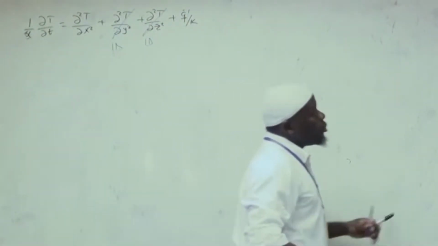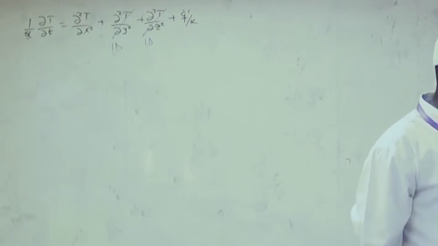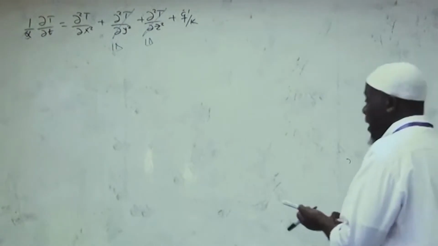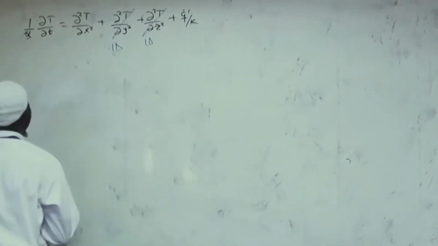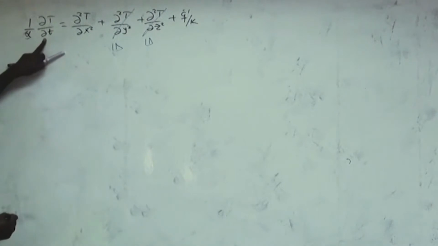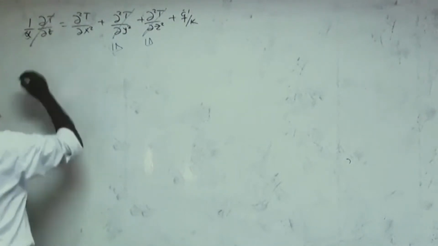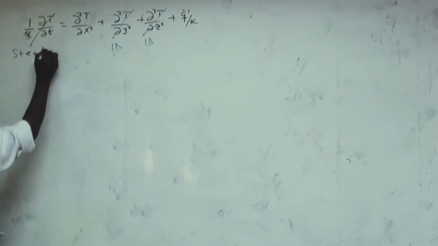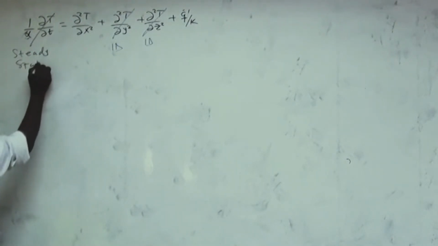Steady state means any parameter which depends on time will be equal to 0. You understand me? So which parameter depends on time? This T. So it means that this also goes to 0. This means steady state condition.